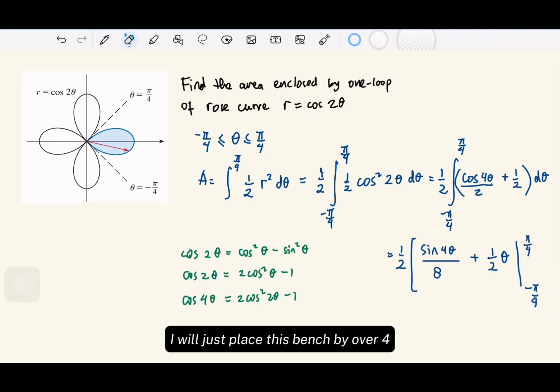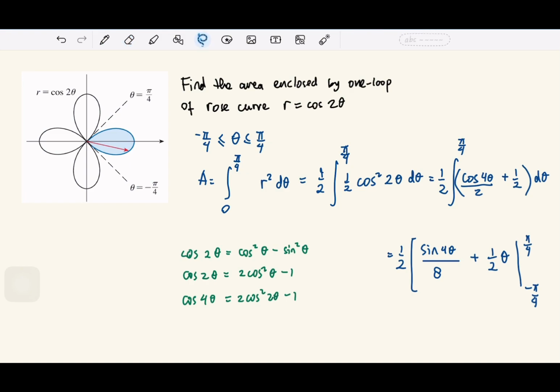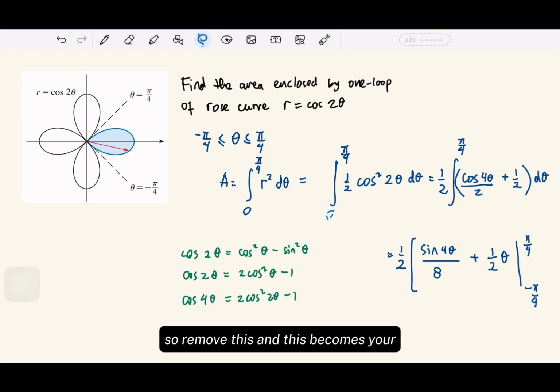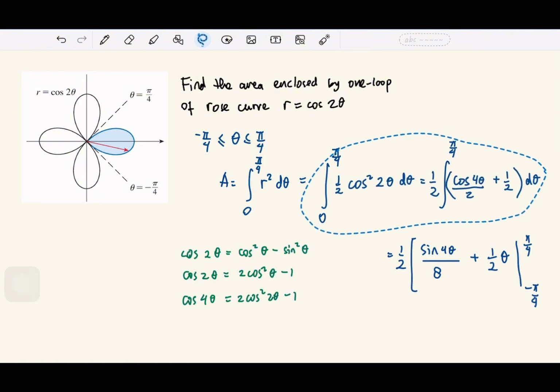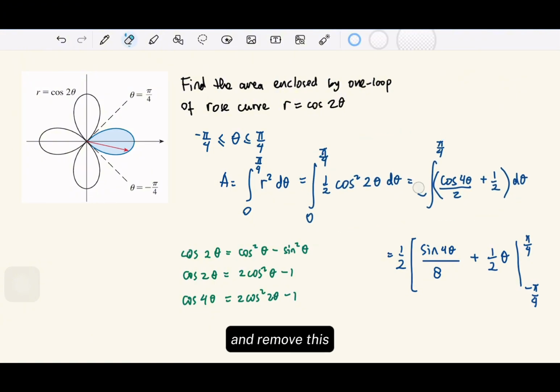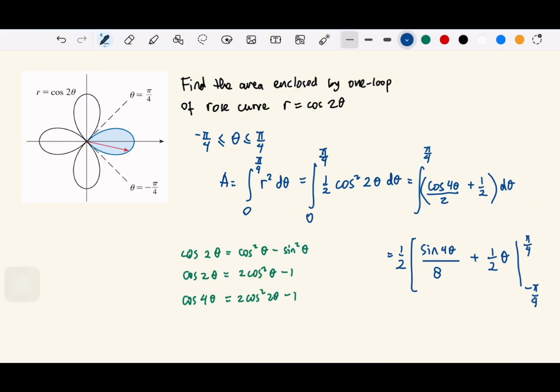I'll just replace this minus pi over 4 with 0 and then multiply by 2, so I will remove the half. This becomes 0.